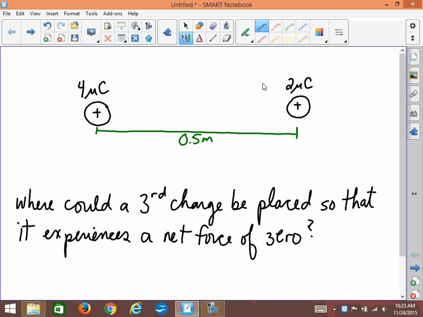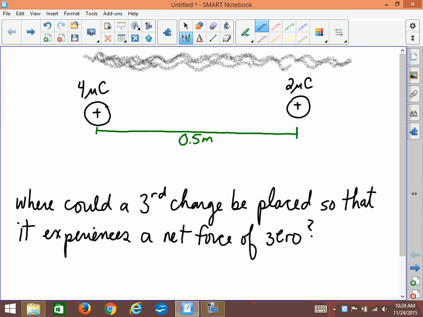Well, let's say we thought about all the area sort of up here on top of the charges. Let's think about that. If I stuck a charge here, any charge, and you'll see that it doesn't matter. Let's pick a positive charge. Let's put it right here, blob, right there. If it's positive, it would be repelled from the 2 microcoulomb charge this way.